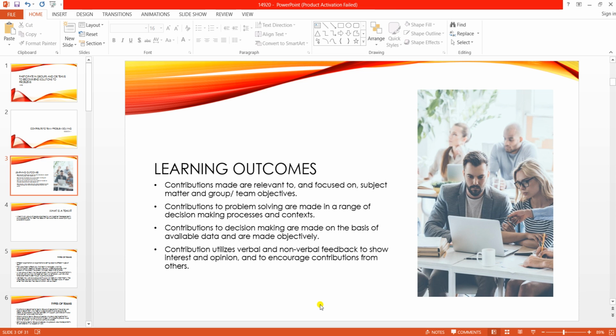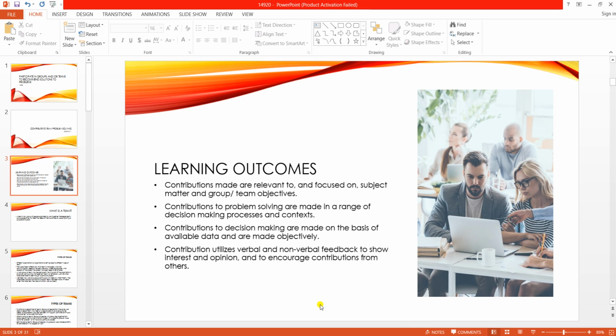Contribution to decision making are made on the basis of available data and are made objectively. And lastly, contribution utilizes verbal and non-verbal feedback to show interest and opinion, and to encourage contributions from others. So these are learning outcomes for session one.